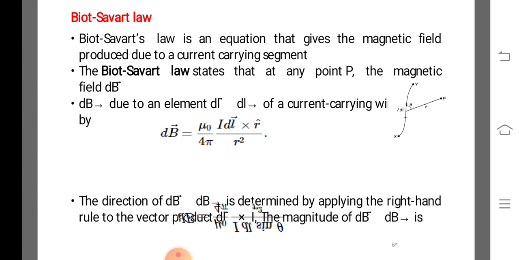Then magnetic field intensity, it is H. The quantitative measure of how strong or weak the magnetic field is given by magnetic field intensity or magnetic field strength.